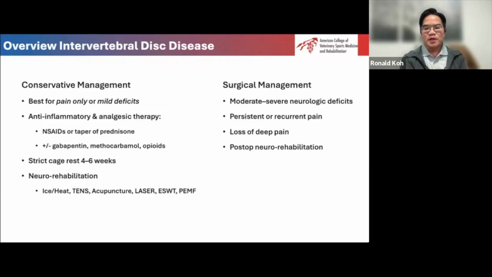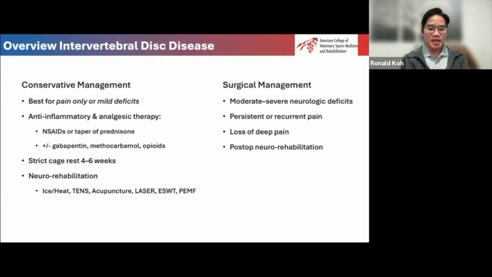And very importantly, we always want to start early neurorehabilitation, because we could use modalities for pain control and manual therapy to help maintain range of motion, muscle mass, and so on. So neurorehab is definitely something we always want to focus on.